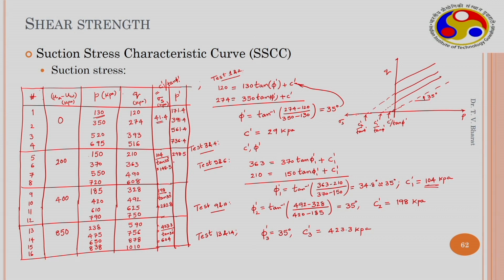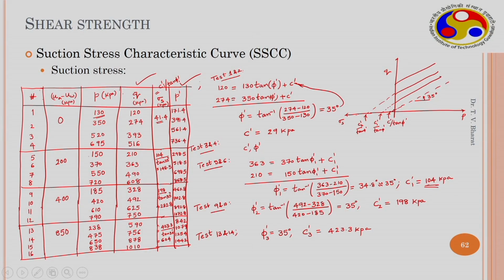For other values, so now we have mean effective stress and Q.